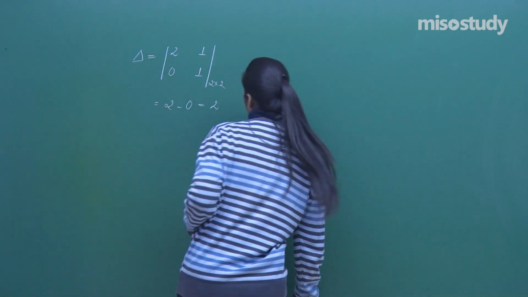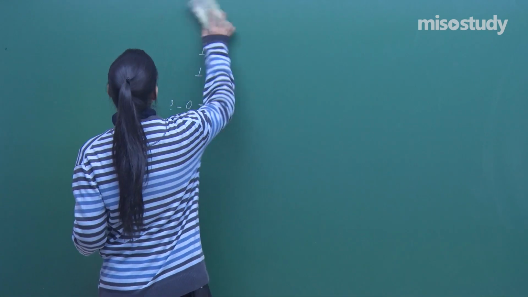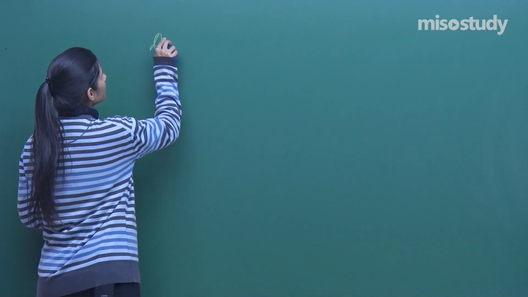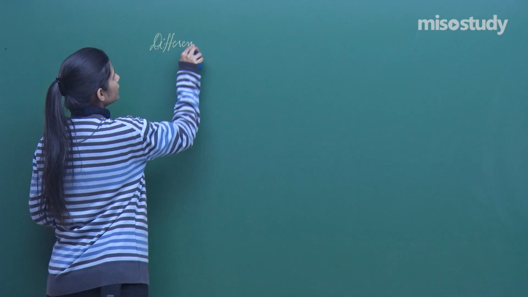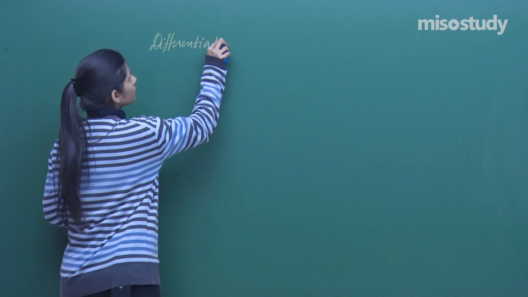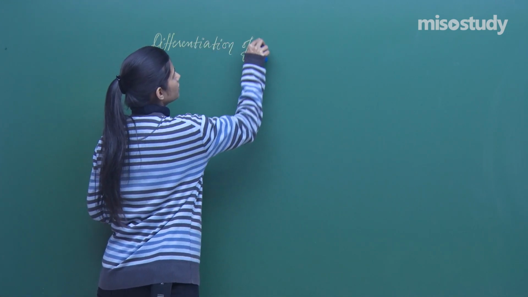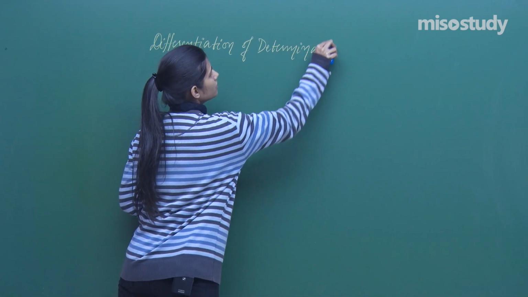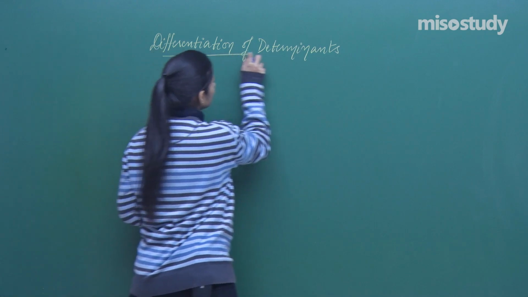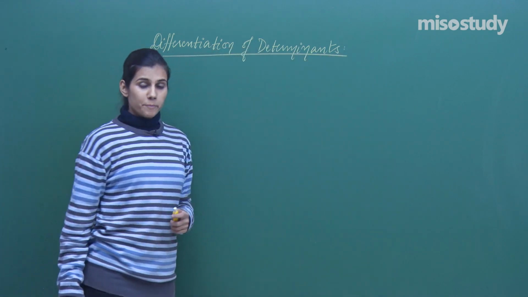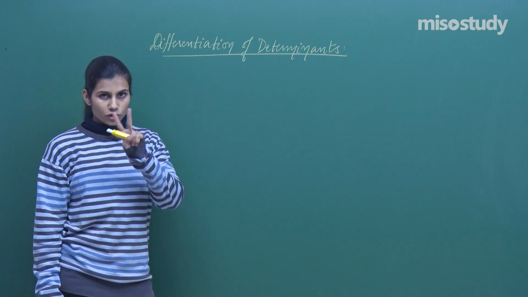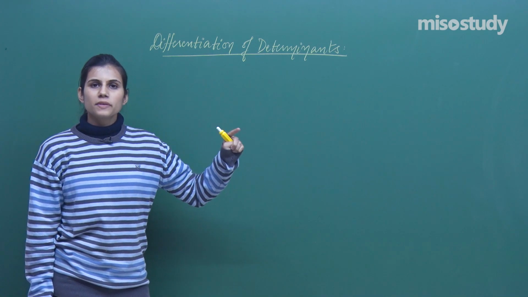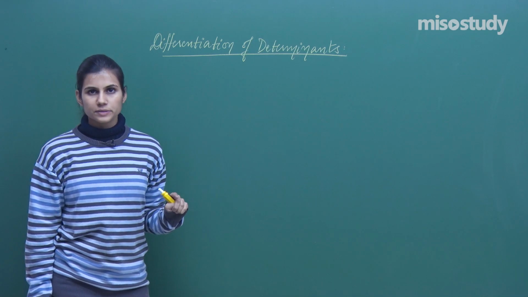What instead we do is, under this article of differentiation of determinants, beginning with differentiation of determinant of order 2, I need 4 entries, 1 1th entry, 1 2th entry, 2 1th entry and 2 2th entry.